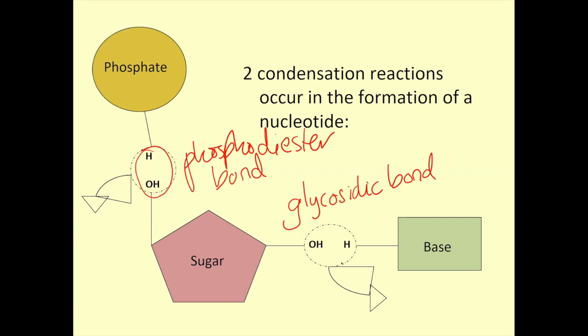H2O is going to be liberated. I don't really have a reason as to why, although the base is very sugar-like when you look at it. But we're calling it a base because of the nitrogen involved, and the nitrogen is the big difference between the base and the sugar.